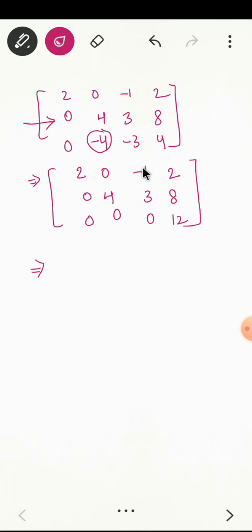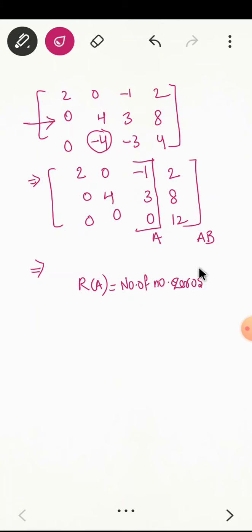I have to check the rank of A and the rank of AB. Up to here this is the A matrix, and the entire thing is the AB matrix. So the rank of A is how much? Rank is nothing but the number of non-zero rows. Every element of that particular row should be 0 for it to be a zero row.